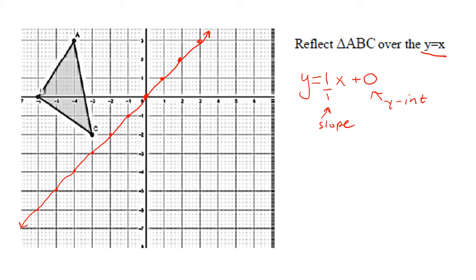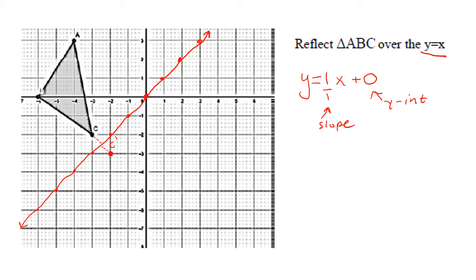Well, if we look at point C right now, if I go directly over to my line of reflection, I'm about half of a box diagonally away from my line y equals x. So C prime is going to be the exact distance away in the other direction. So if I go in the other direction here, now I have C prime.